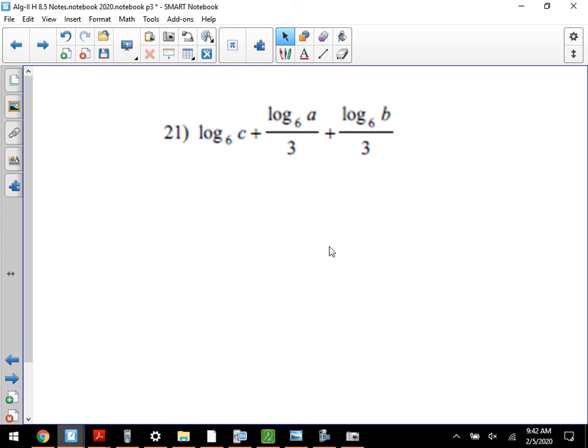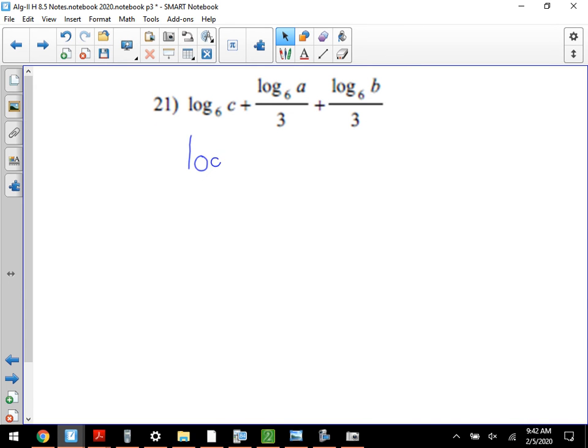What do you think's in front of the log? 1/3. This is the exact same thing as this. It means the same thing. They just put it over 3 as opposed to the 1/3 in front. There's a few parts that are like that. When you check the answer guide, it might give you stuff like that with the fractional piece. It just means that it's the coefficient in front. Does that make sense? It's just one of those weird things that shows up on this guy.